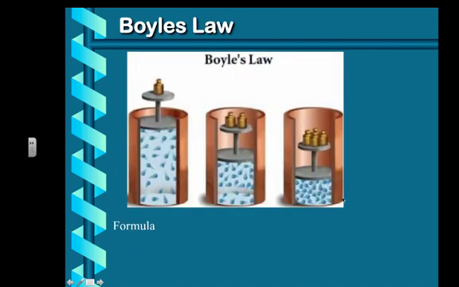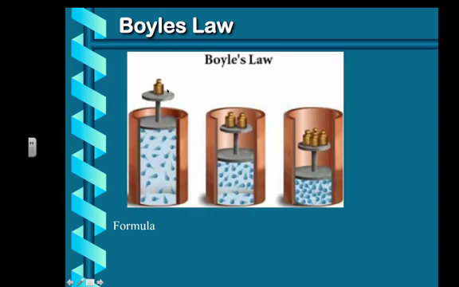So let's say that you're looking at the pistons in your car. You know that in the engine, pistons go up and down. And right here, let's look at this piston. There's not that much pressure being exerted on this gas, and it has a lot of room in there.